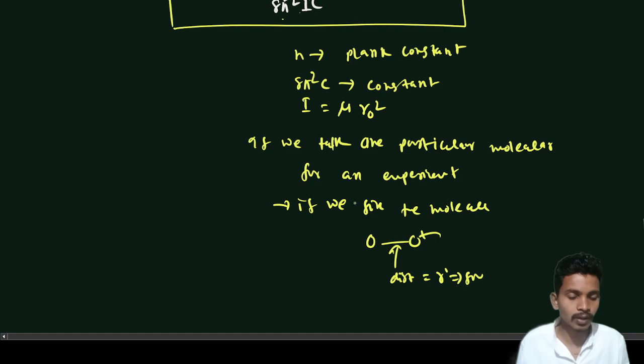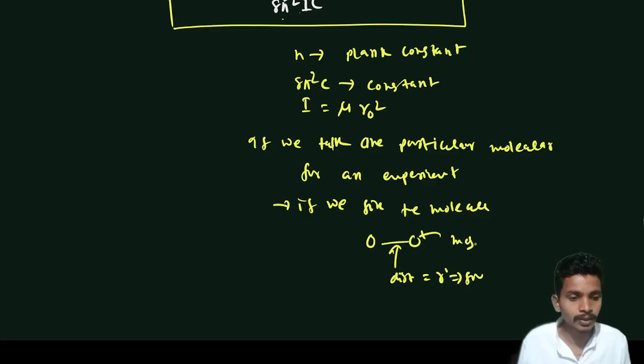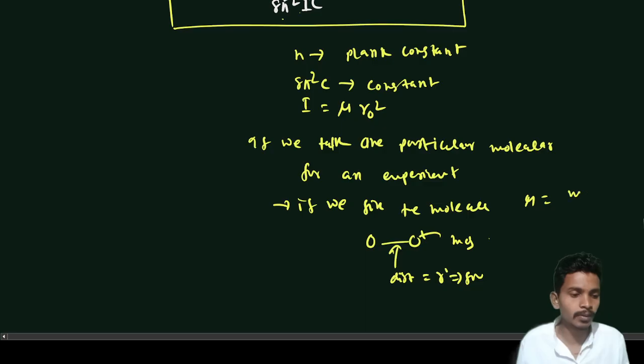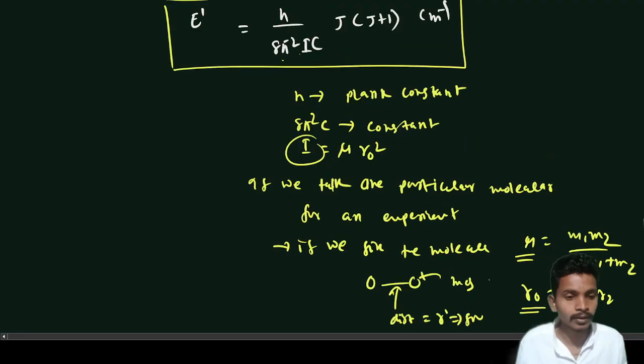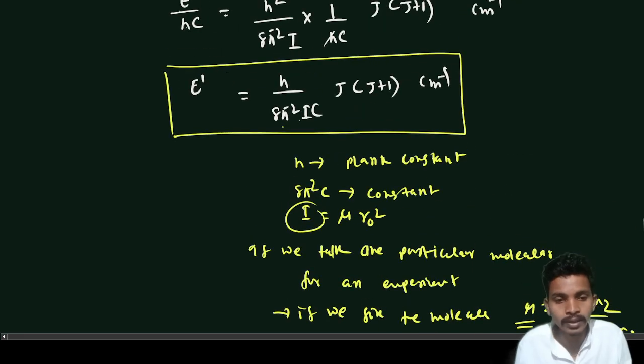The mass is also fixed, because I am talking only about O2, and mu naught is equal to m1 m2 upon m1 plus m2. So if the masses are fixed, this is also fixed, and r naught equals r1 plus r2, so the distance is also fixed. It means I is fixed, so the whole value is fixed for one particular molecule.